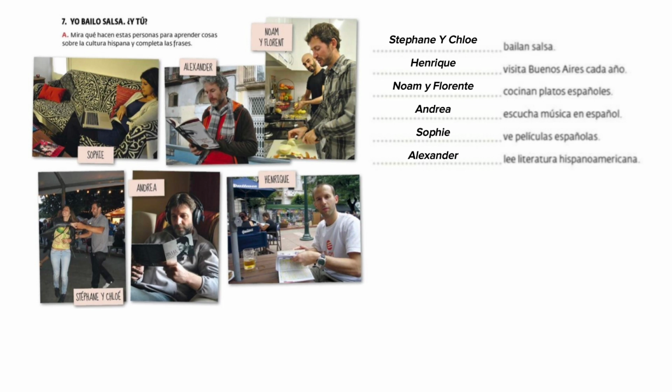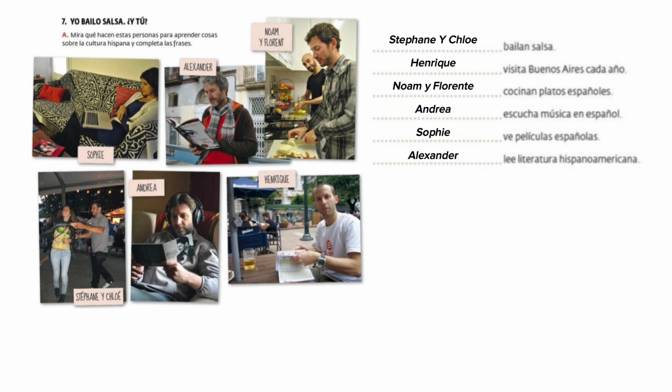Alright, okay, now here Stephanie y Chloe bailan salsa. As we can see that they are dancing, so they bailan salsa. Enrique visita Buenos Aires cada año. That is, Enrique goes to Buenos Aires every year. Noam y Florante cocinan platos españoles.